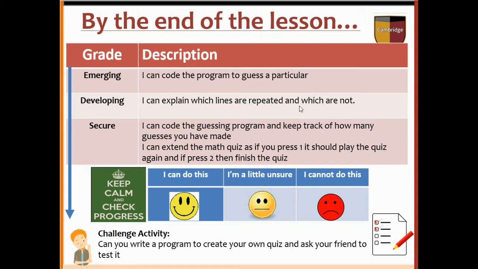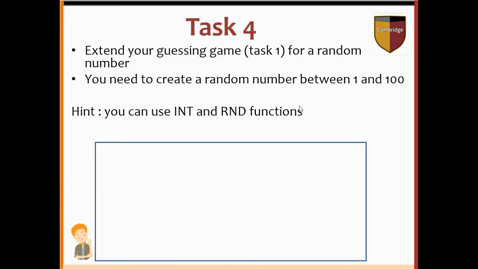Okay, so we've done emerging task, developing task, and now let's go to secure task. Now here in the secure task, we need to extend our first guessing game that we did earlier. So instead of giving a specific value, we will now give a random number between 1 to 100.